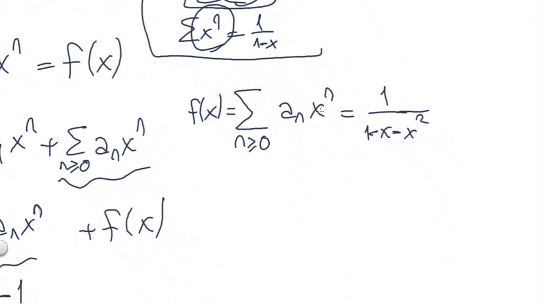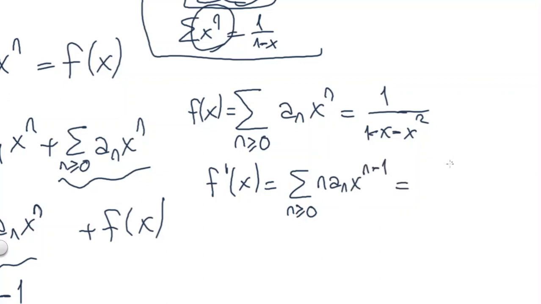If I differentiate both sides with respect to x, then f prime of x is equal to the sum for n greater or equal than 0 of, x is the variable here, so it's just the power rule, n a_n x to the n minus 1, equals, and I'm just going to differentiate this side.